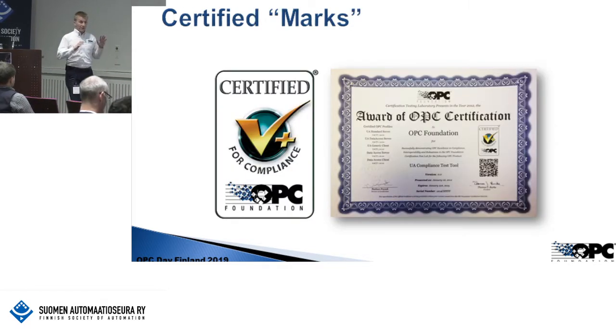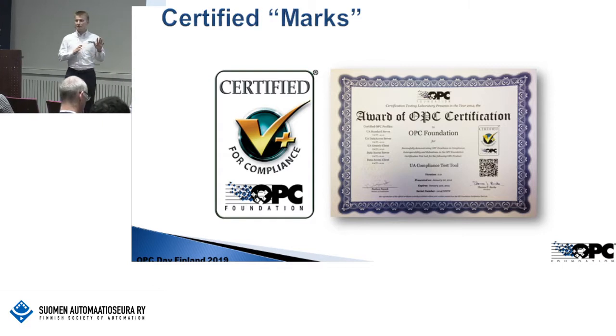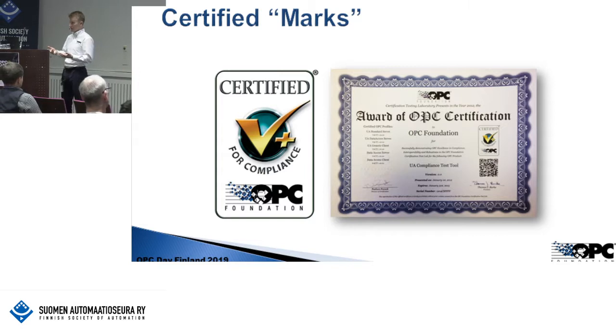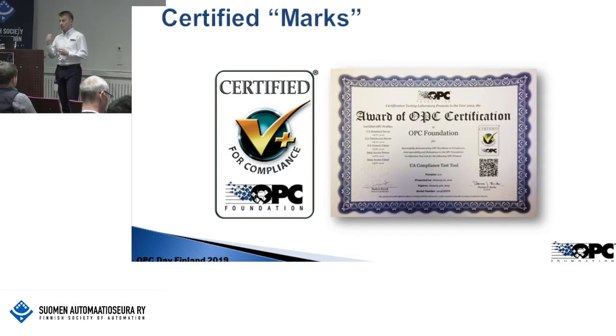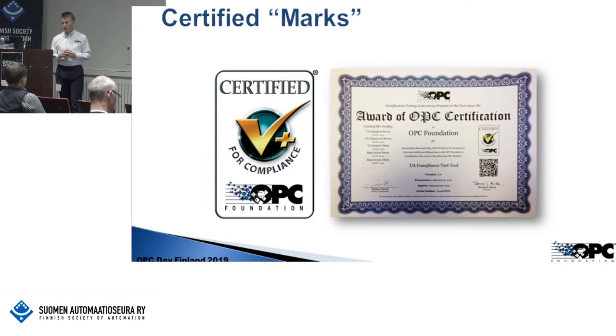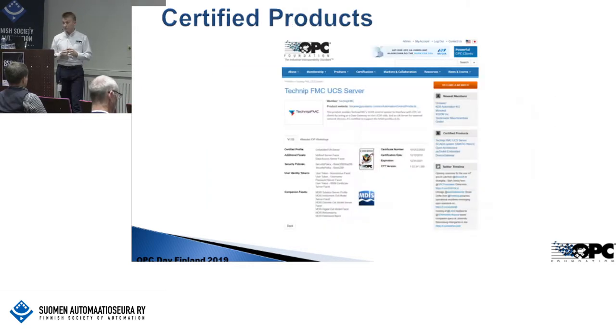Now, as you see, certification in OPC UA is not just a documentation check, but third-party testing by an engineer. It is really somebody taking a look at the product and verifying it works correctly. If a product passes all those test cases, it earns the Certified for Compliance mark, which you see here.